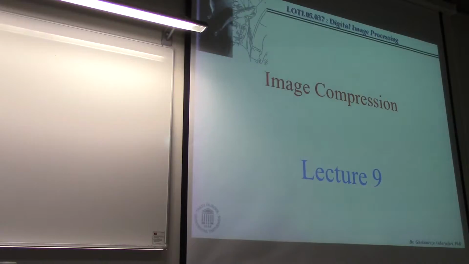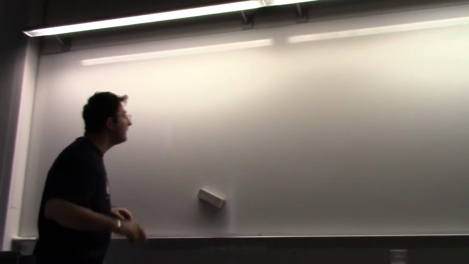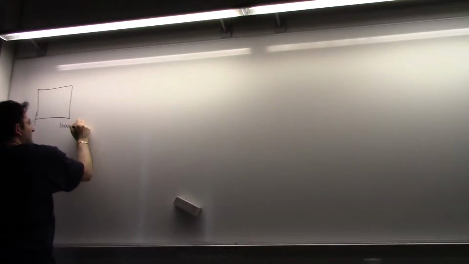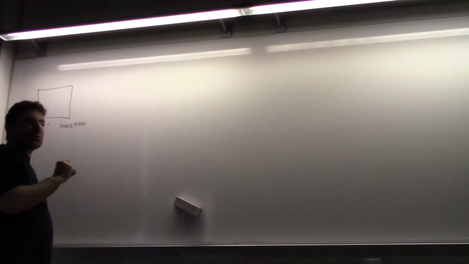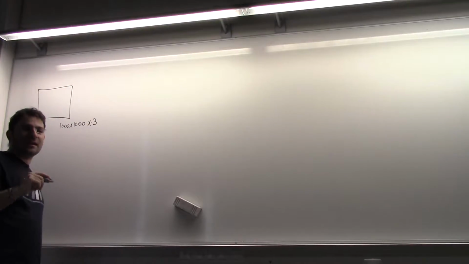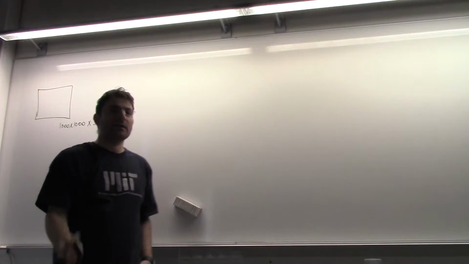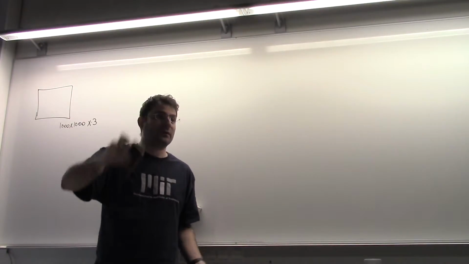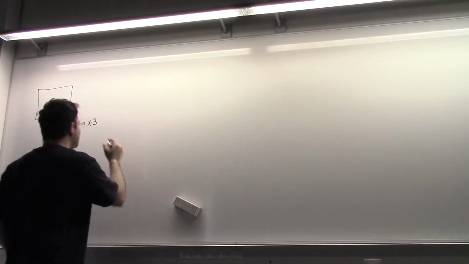Imagine that you are taking a picture, and the picture is 1000 by 1000, and it is a color image, and it's an 8-bit image, let's say. We know that nowadays we have HDR images which can be 12 bits, 14 bits, but let's just stick with 8 bits.